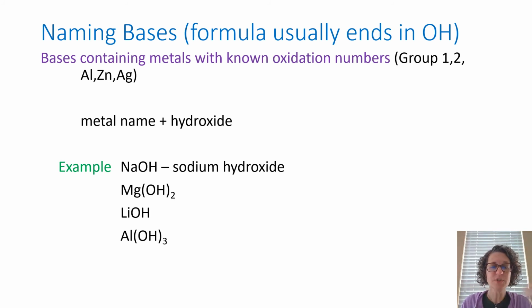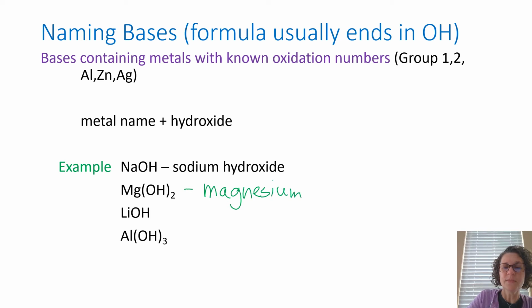The next one, MgOH2. The 2 doesn't do anything for us. Remember, just ignore that and just name the elements. Mg is magnesium, so I would have magnesium hydroxide. And same for the next one.